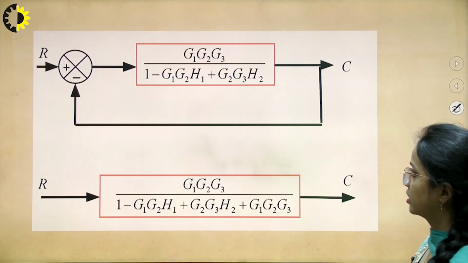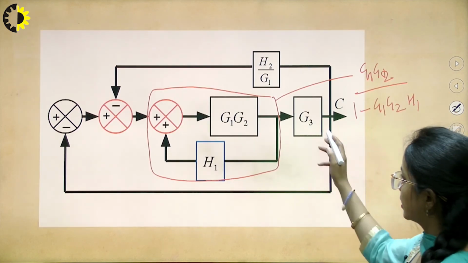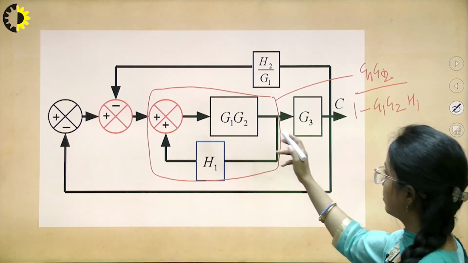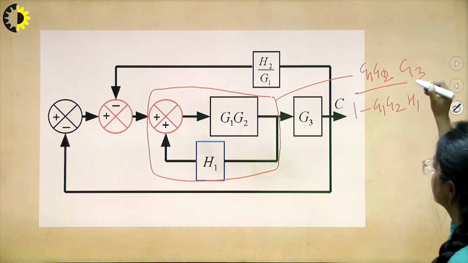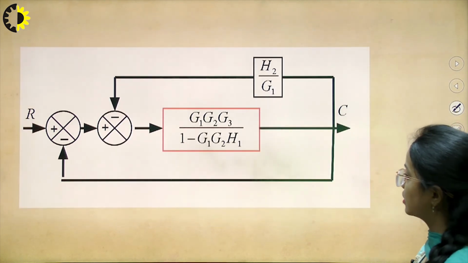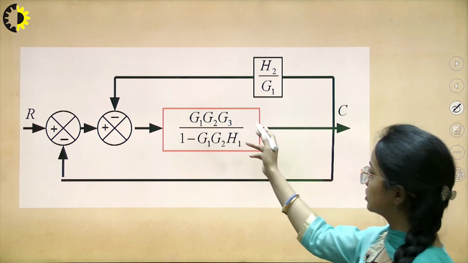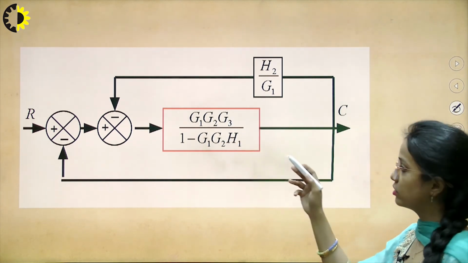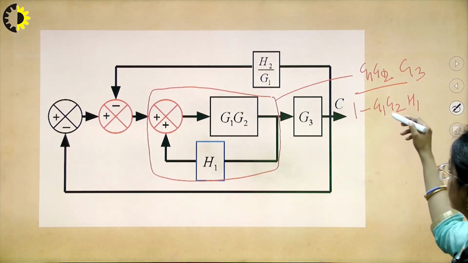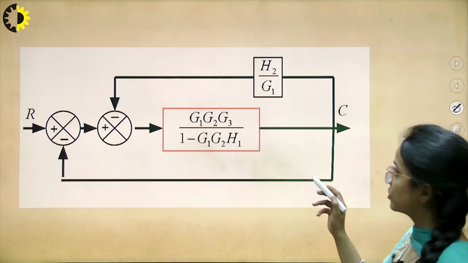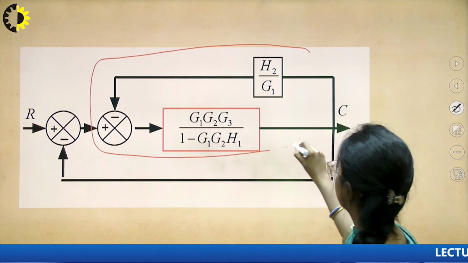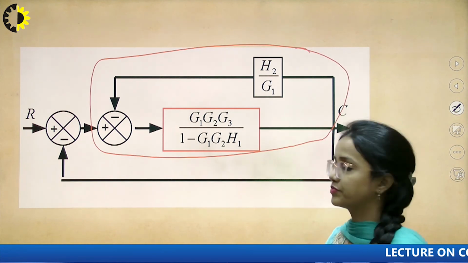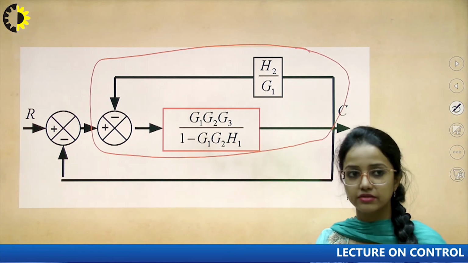Now this G3 will be multiplied with this, and I can write it simply G3. Here I have written G1 G2 G3 upon 1 minus G1 G2 H1. So now this complete portion is a case of negative feedback.